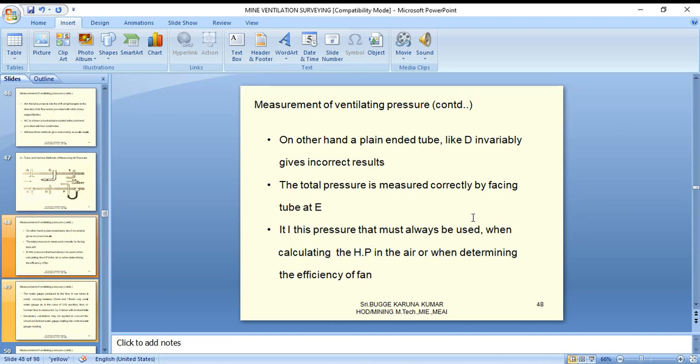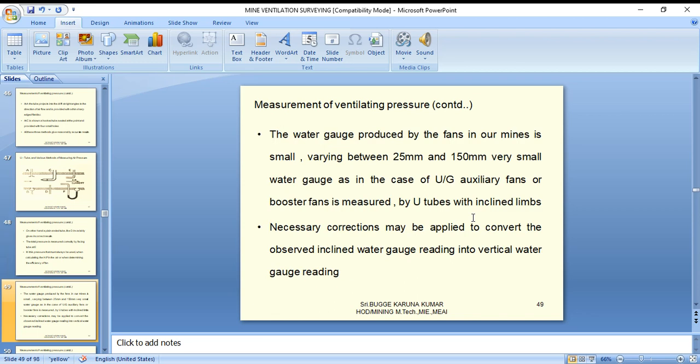Measurement of ventilation pressures. On the other hand, a plain-ended tube like D invariably gives incorrect results, though the total pressure is measured correctly by the facing tube at E. This is the pressure that must always be used in calculating the HP of the air or when determining the efficiency of the fan.